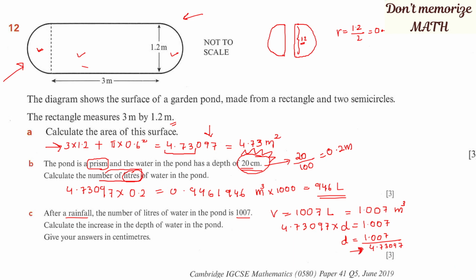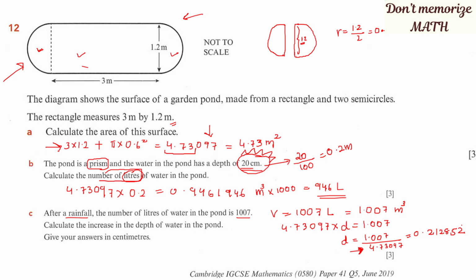Okay, only final answer write in 3SF. If you are using any other answers, at least you have to write 4 or 5 digits like this. Okay, otherwise the value will change. A slight change will be there. So you will get 0.212852, like this you will get.